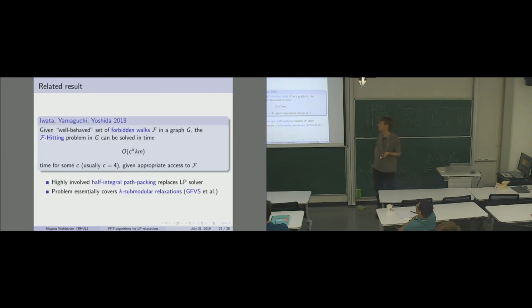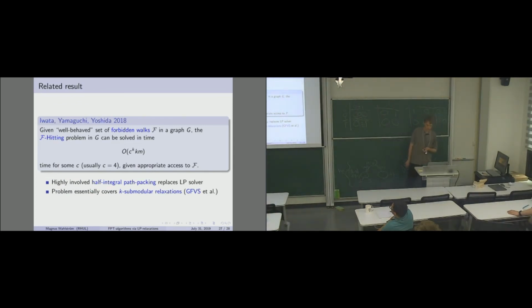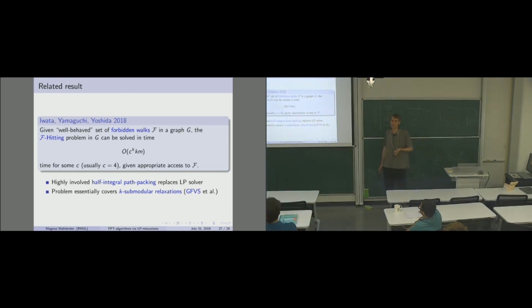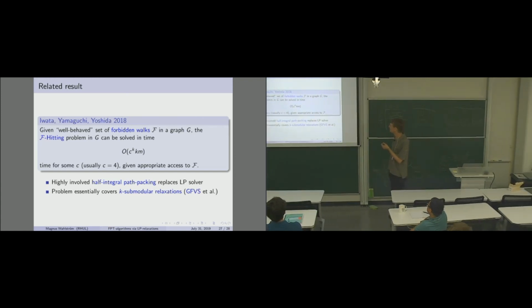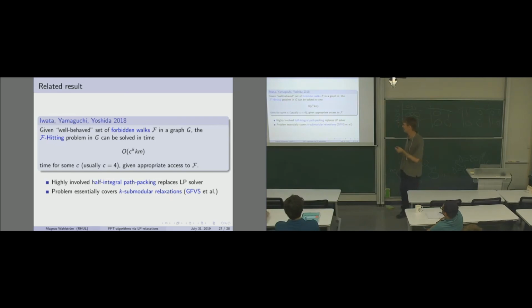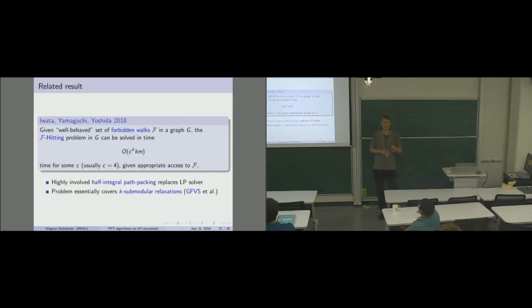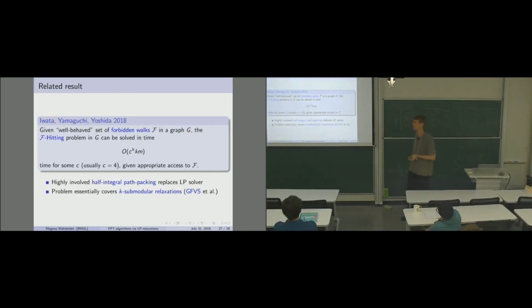Related but not identical, Iwata, Yamaguchi, and Yoshida had a problem, they call it 0-1 all problems, where you can similarly define a well-behaved set of forbidden walks in a graph and solve it in something like 4 to the k times linear time. The way this works is by this indirect arrow from the start of the talk. You can replace the LP solver by a highly involved packing of half-integral bad paths.